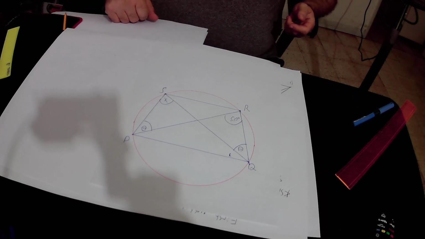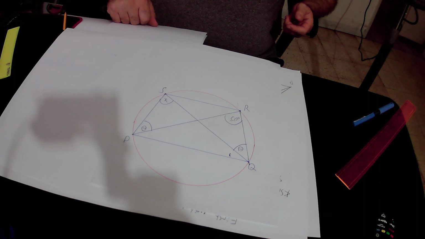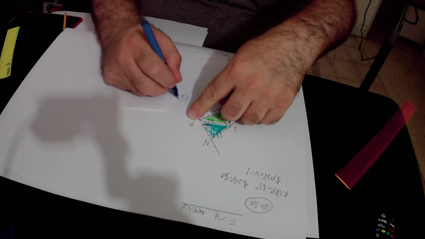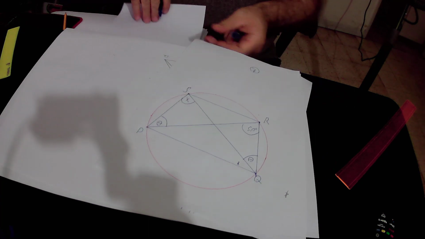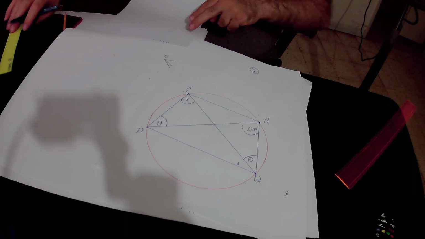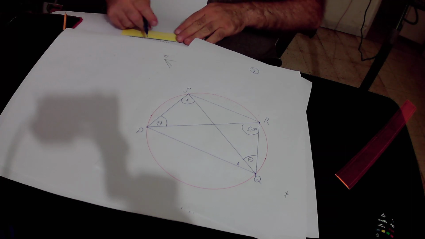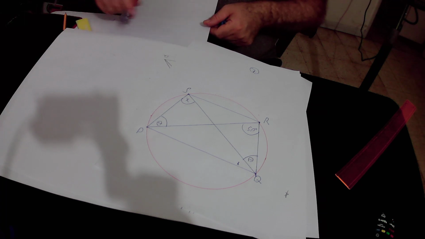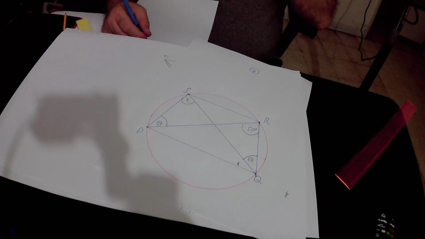Okay, and so we also have rule number 3. Rule number 3 states that peripheral angles that subtend on the same chord are equal to each other.